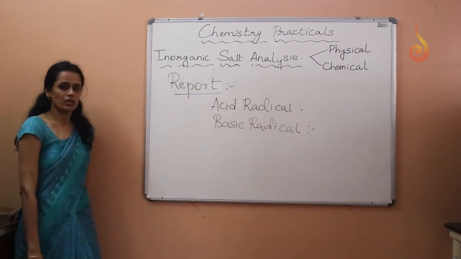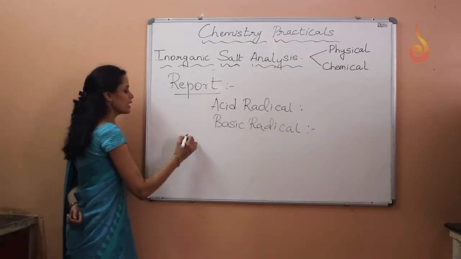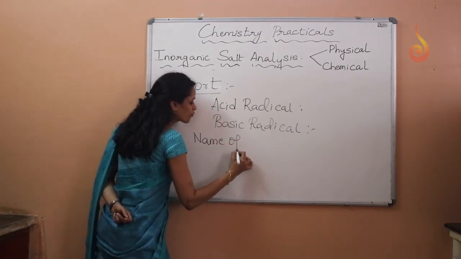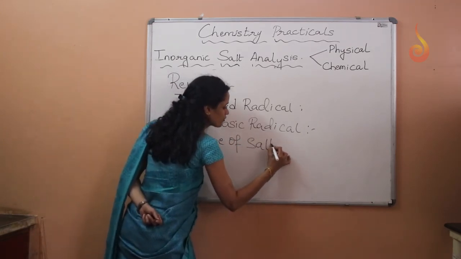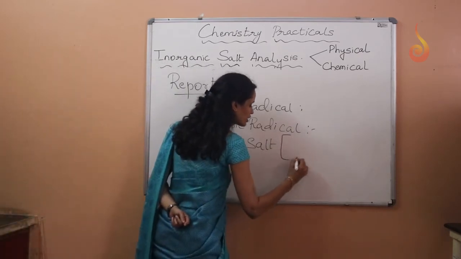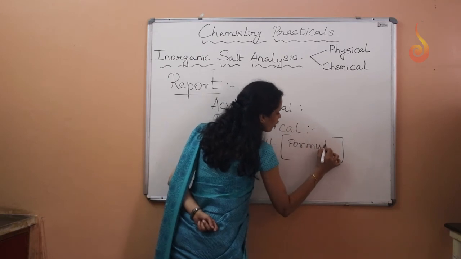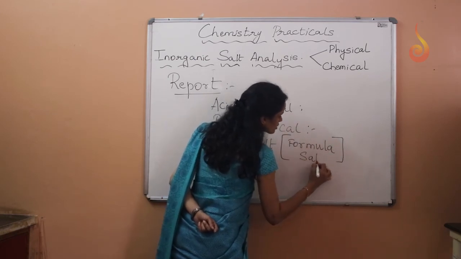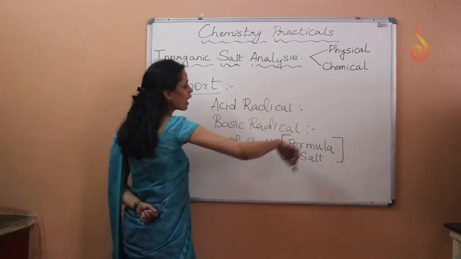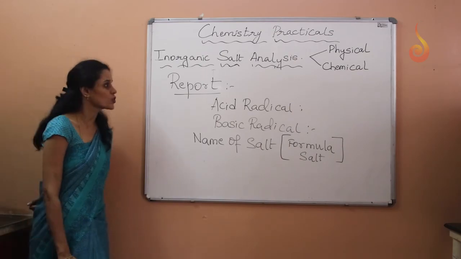Once we know the acid radical and basic radical, we can easily write the name of the salt. Then after writing the name of the salt, in square brackets we will write the formula of the salt. This is how we will report the inorganic salt.